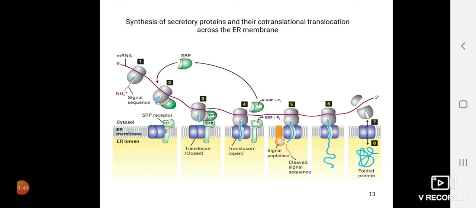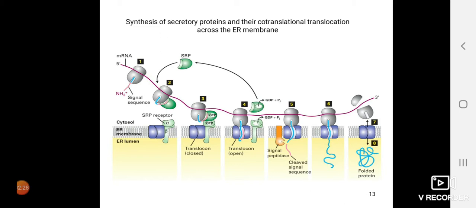As this continues, translation is happening, and the protein is growing by decoding the mRNA molecule. On the other hand, the nascent polypeptide chain which is being grown is moved into the lumen of the endoplasmic reticulum. So this translocation of the nascent polypeptide chain, which is being synthesized by the ribosome, is called co-translational translocation.